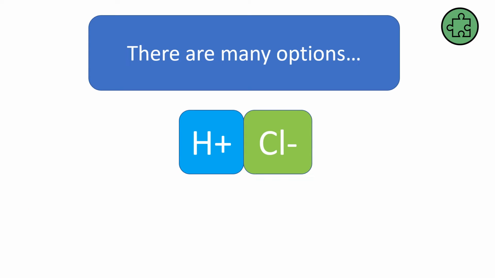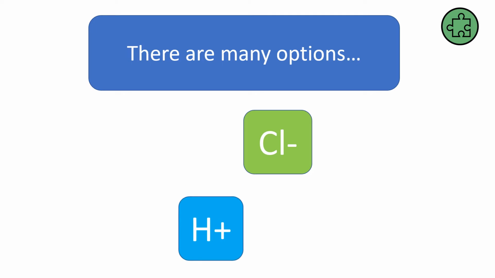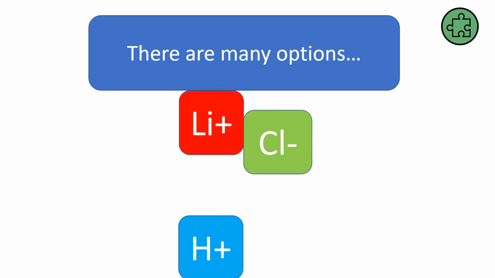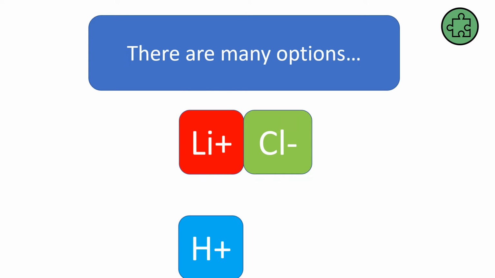Now, of course, there are many metals on the periodic table, and that means there are many different salts that can be made. So, for example, if I remove this hydrogen, here's a metal, this is lithium chloride. However, if I use iron, I have iron chloride, zinc chloride, sodium chloride.